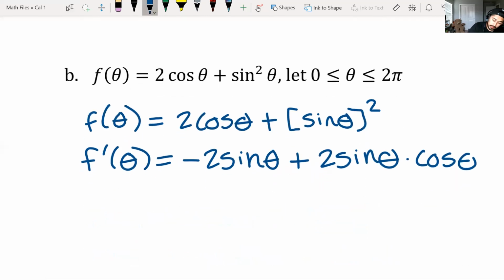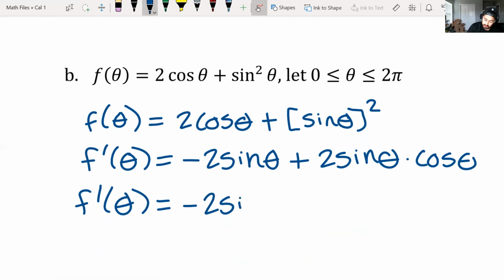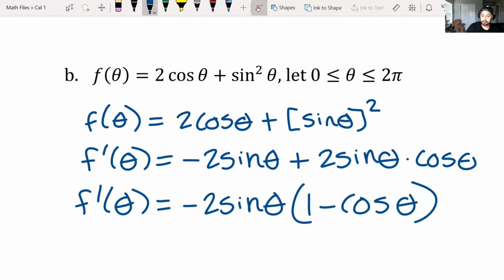Okay, let's pretty this up a bit. F prime theta, I can take out a -2 sine theta. This leaves me with 1 minus cosine theta. Okay, perfect.